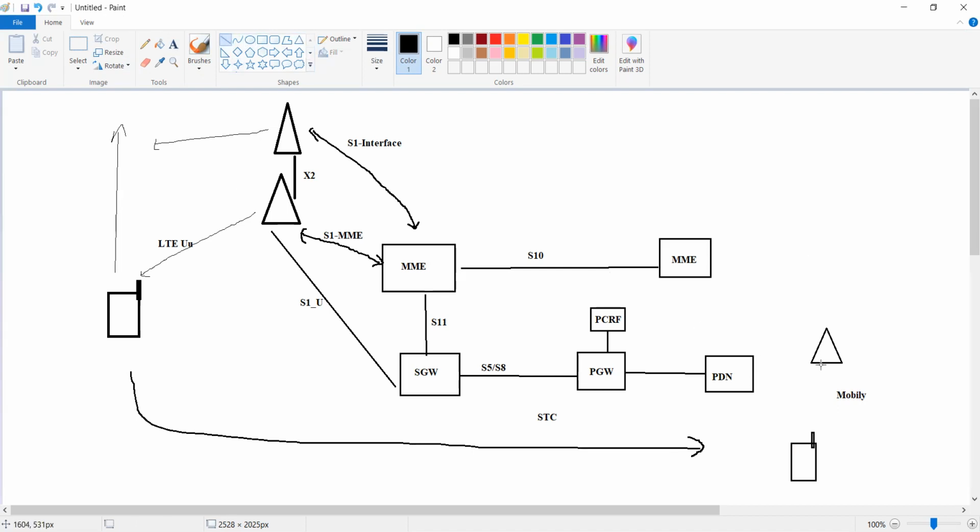The UE is connected to this network, and this eNode B is connected to the new MME.